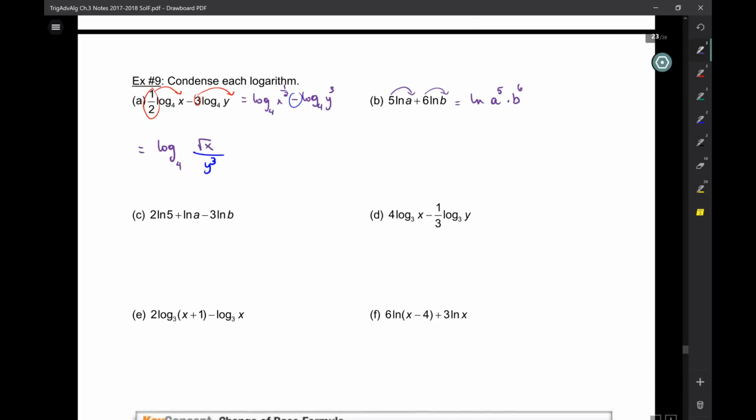No, in fact, you can't. It'll be wrong. So, right, ln of 5 squared times A over B cubed. You have to simplify that, so it'll be ln of 25A over B cubed.